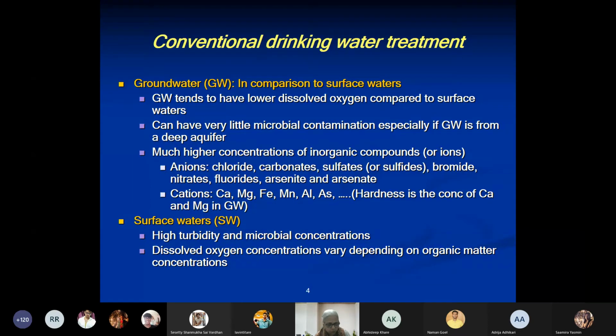So you can go up to about 40 meters, they tell me. So 40 meters is what you can do with shallow wells. And then you have deep tube wells. So if you want to go deeper than that, you have to have a tube well. And these tube wells can go up to 150 meters or maybe even more.